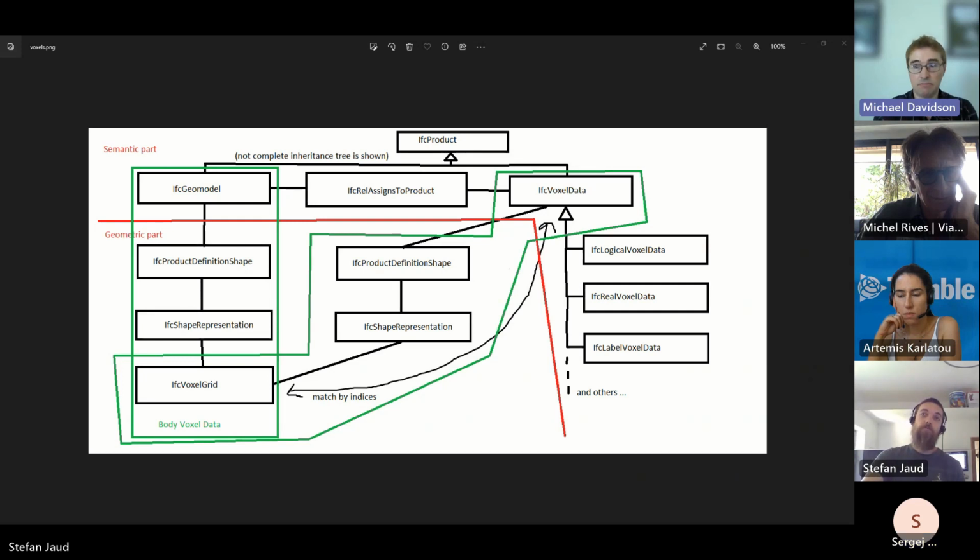Okay. Stefan, you may want to add. You could also reference external data, but if you want it to be within IFC, then the IFC voxel data is the approach. But you could reference external datasets by IfcRelAssociatesDocument or something like that. But then again, it's on the consumer side whether they even look into that file.